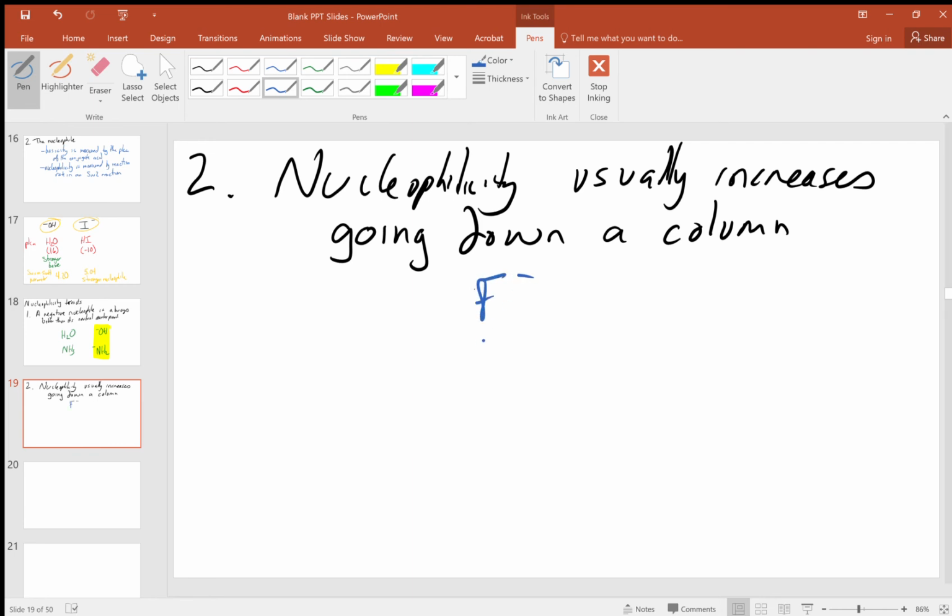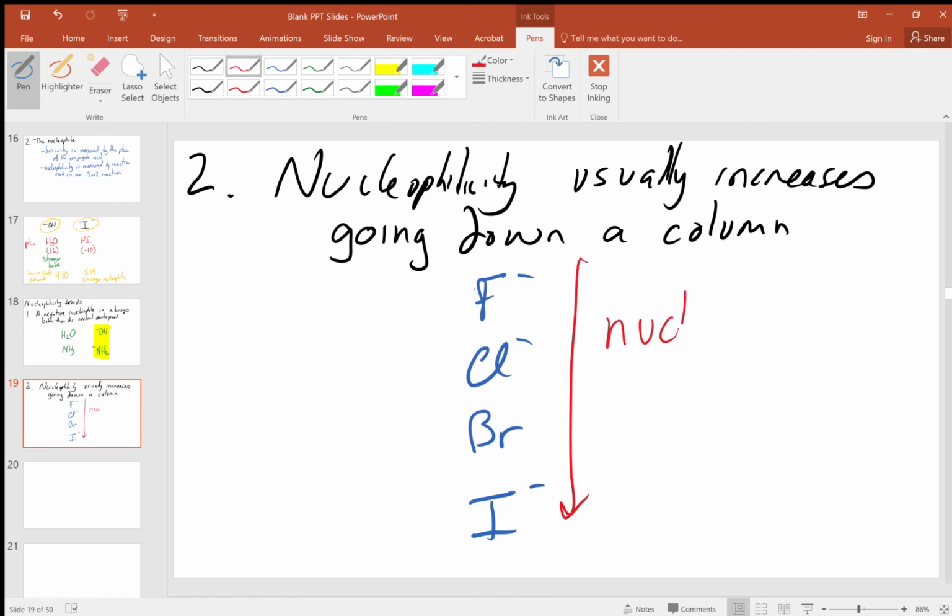So for example, F minus, Cl minus, Br minus, I minus. As we go down that column, nucleophilicity increases.